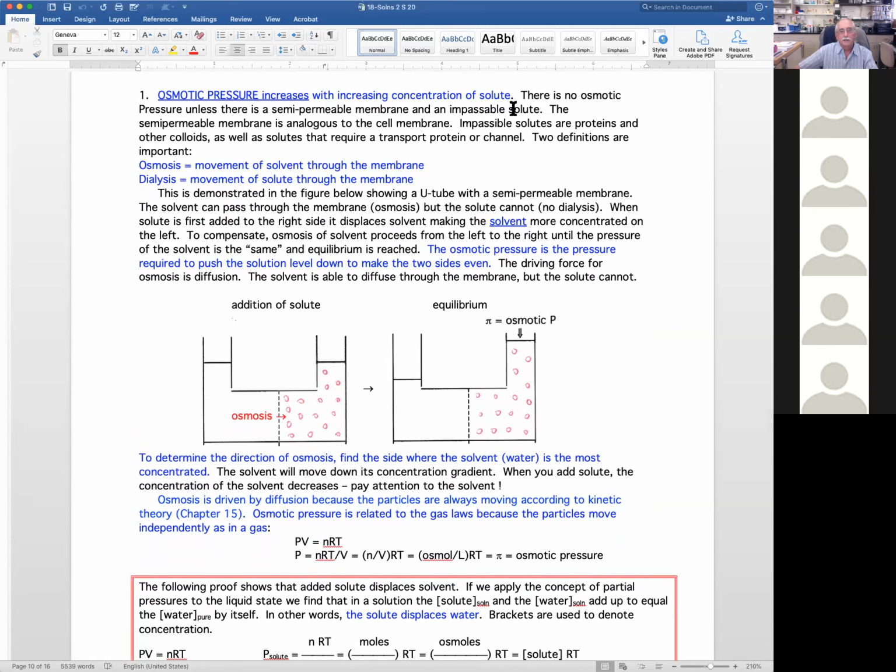So what do we need to look at osmotic pressure? Well, we need two different concentrations, and we need what's called a semi-permeable membrane that lets certain things through and other things can't go through. And if you think this is some foreign, unrelated concept here, every single cell membrane in your body is a semi-permeable membrane.